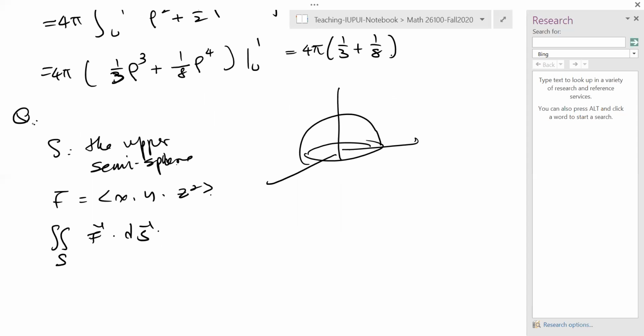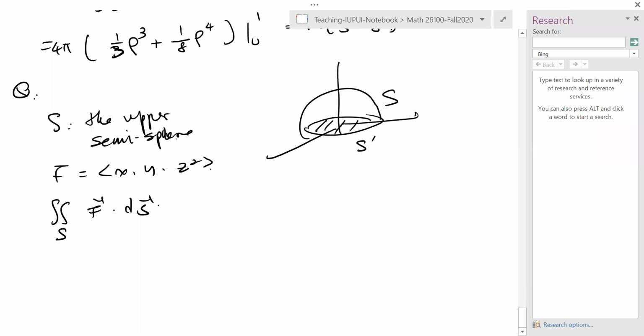So there are a couple of ways to do this problem. Now, if we are lucky, let's say the bottom part I call S prime. This is S, right? And this one is going to be S prime.